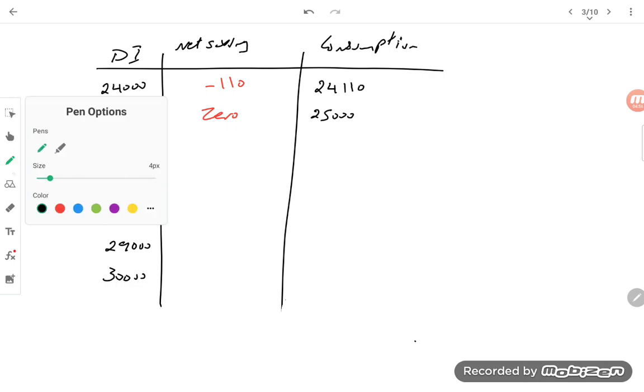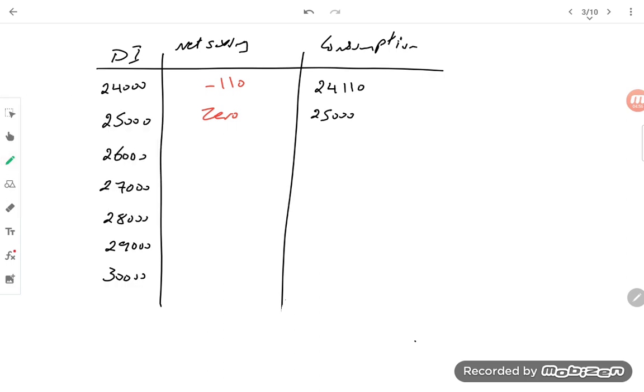If you know that your disposable income is 26,000 and your savings is 150, you can calculate consumption as the difference between disposable income and savings, and it will be 25,850.